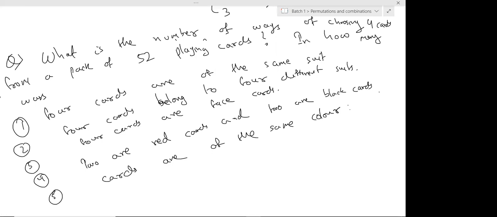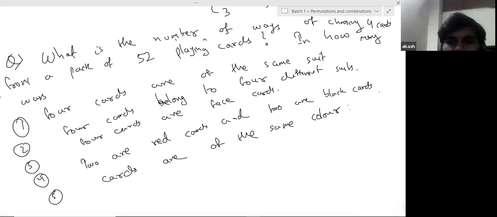Everyone here knows about cards, right? Anyone here who doesn't know about cards, color, suits, like how many cards are there and about the suits or anything like that? Okay, so everyone knows about it. Then try to solve this question.